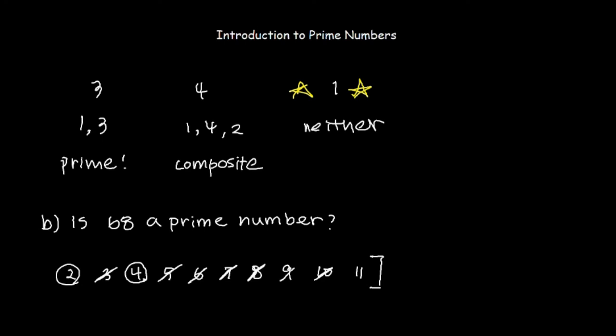Not 9 either, and definitely not 11, because the multiple of 11 that comes before is 66, and the next would be 77. So therefore, we just found evidence that this is not a prime number with these 2 factors. So we can definitely say no, and further we can say this is a composite number.